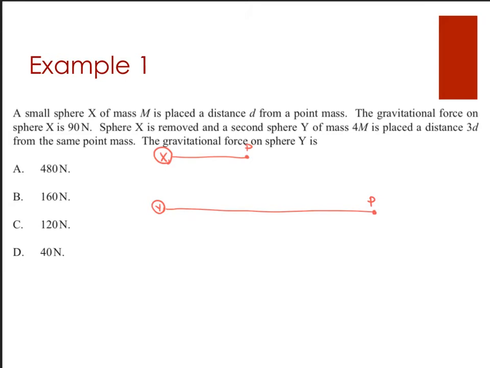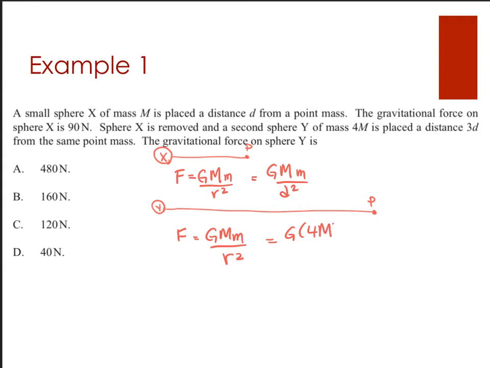So if we have the first one, let's think about the force here. G m m over r squared. And if we do some substitution, we've got a mass m, and that radius is actually the letter d in our question. For the second one, now let's add in this case, our mass is 4m.